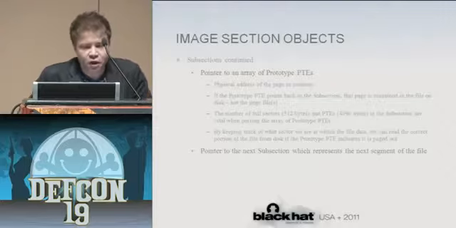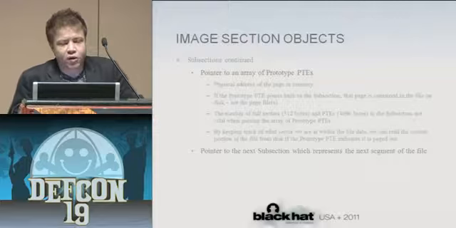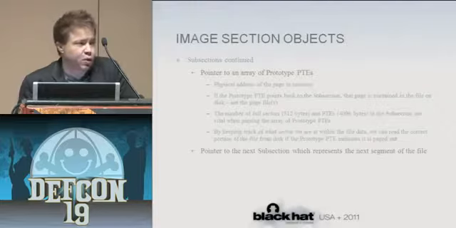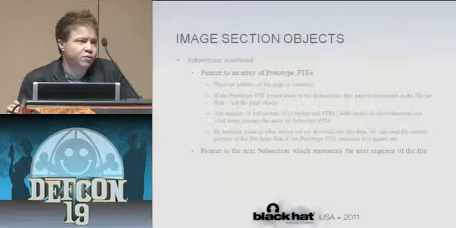So these subsections will contain an array of prototype PTEs. This is the crux of the data that we have to parse in order to get the binary out of memory. The prototype PTEs contain the physical address of each memory page in physical memory, right?